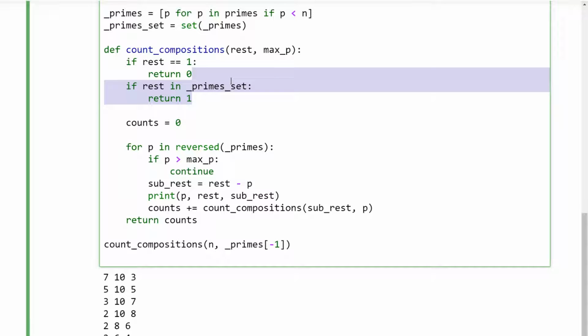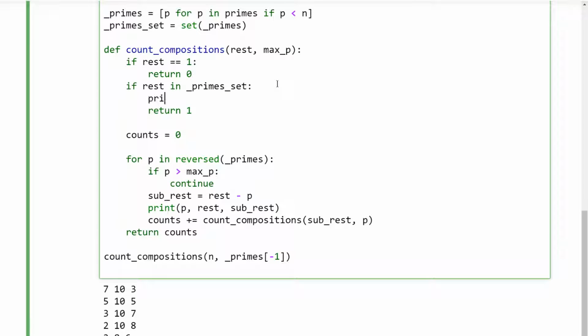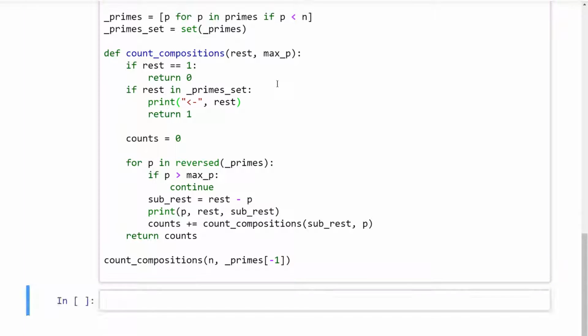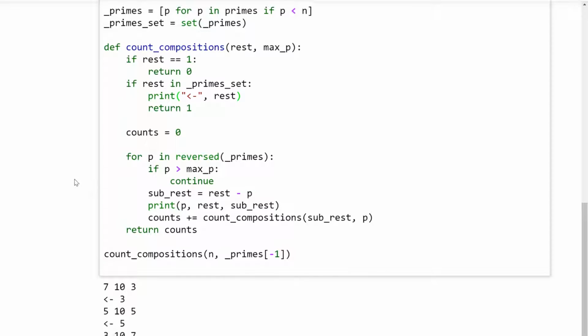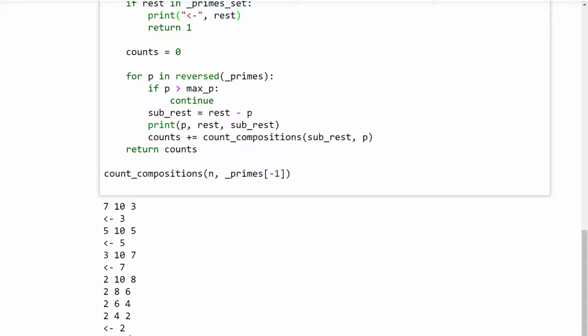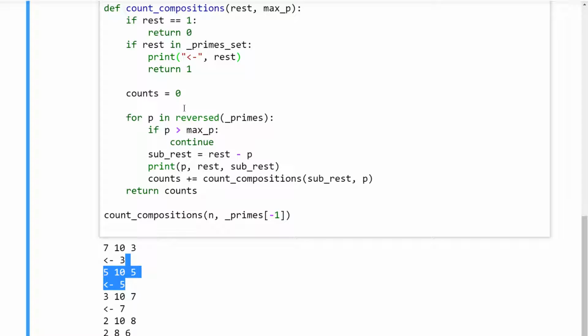Yeah. So here it should be going down all the way; it should be going further down in any case.